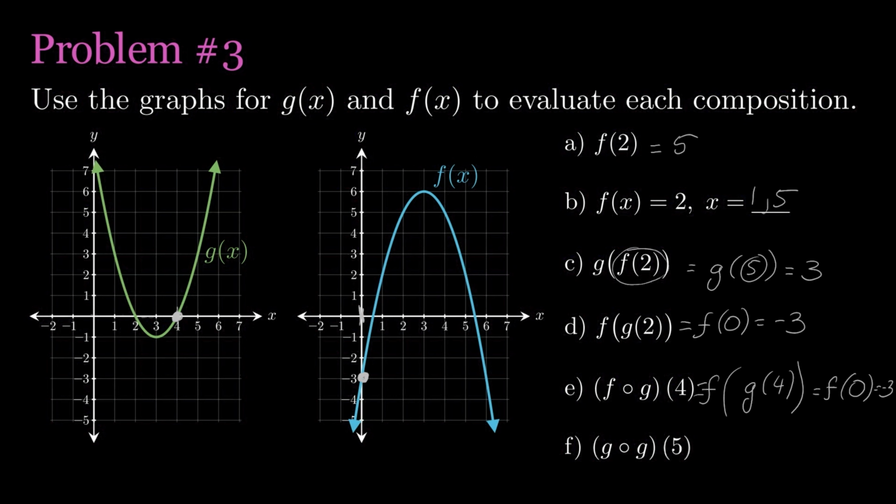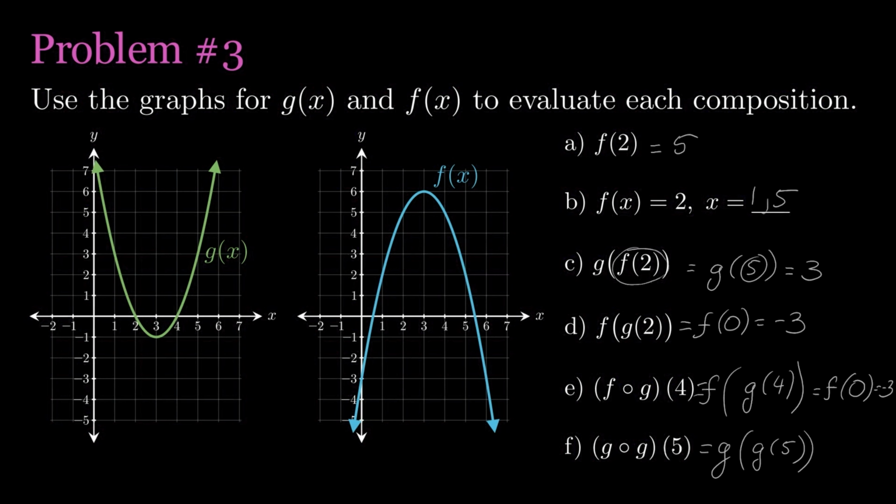So similarly in part F, where we are to evaluate g of g of 5, well, we apply the same function twice, but it's kind of interesting because we will be applying it to different inputs in each step of this evaluation. Because we start with g of 5, so that will be our first step. And then once we know what g of 5 is, we will apply the function g again to that number.